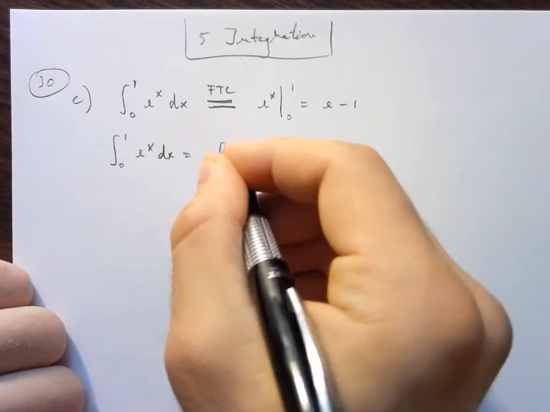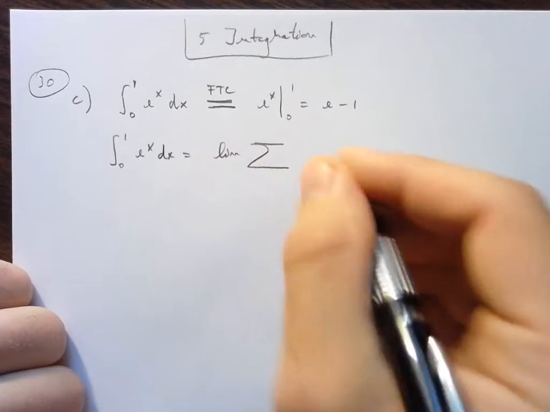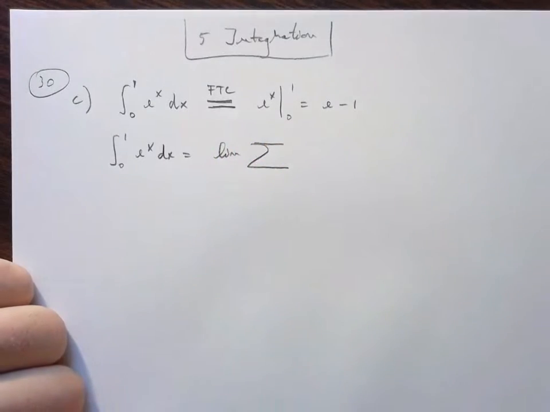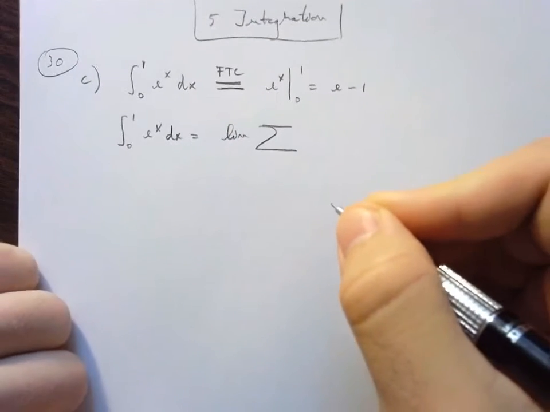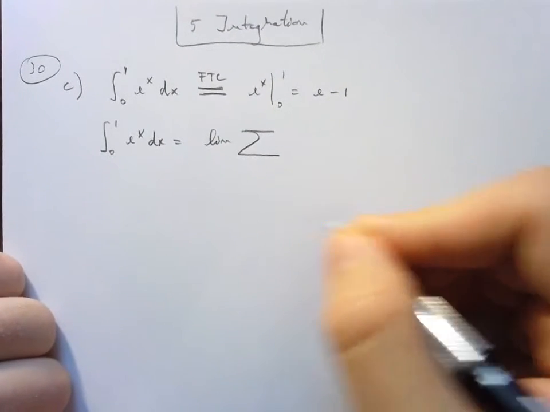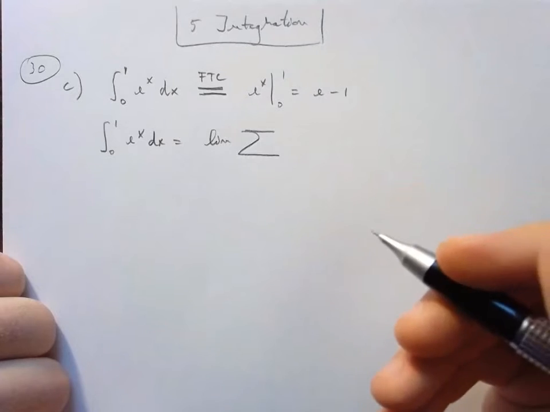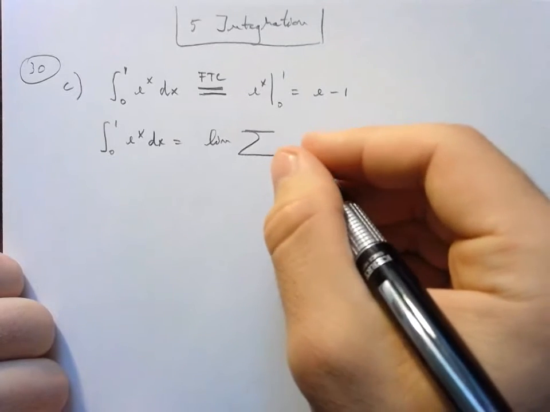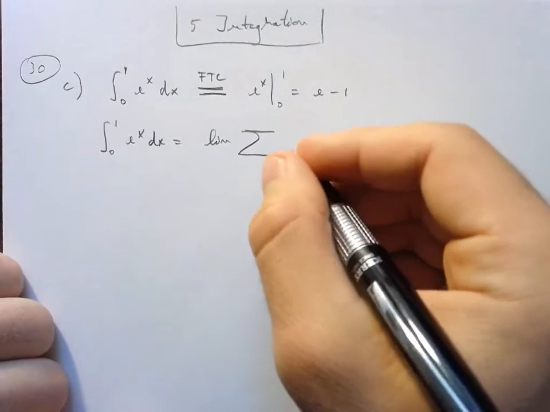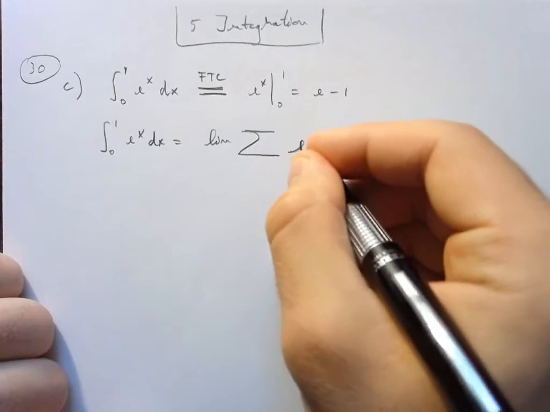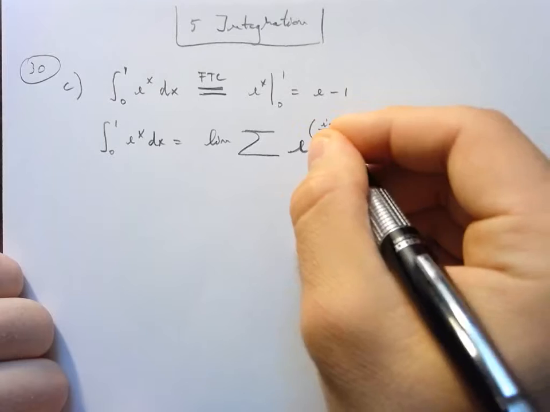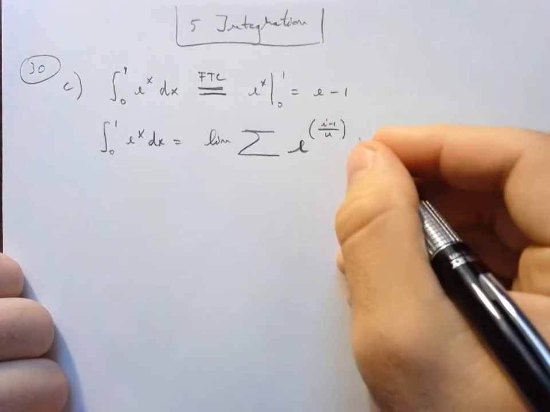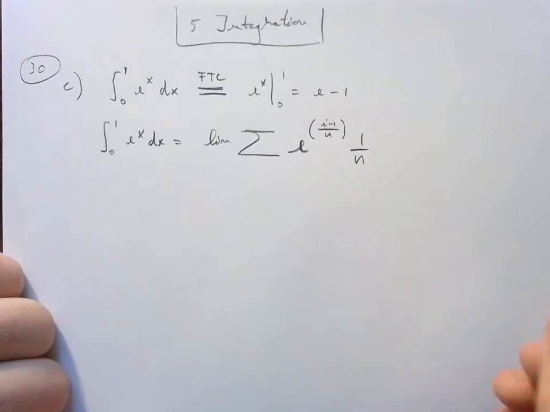This should be the limit of the Riemann sum, and this time I'll do a left endpoint Riemann sum because it turns out the math works out a little bit easier that way. So I'll start by saying this is e to the function, i minus 1 over n, because the delta x is going to be 1 over n, times 1 over n.